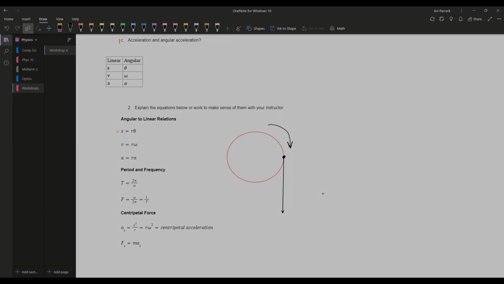What happens in circular motion is we continue on in the circle, but we can see the relation between the angular and linear forms. So they're related by the radius. This is the radius of the circle. S, you may remember from your trigonometry, we also call an arc length.